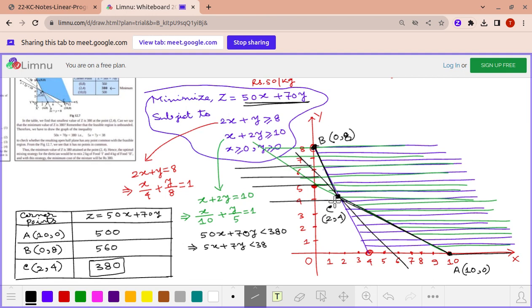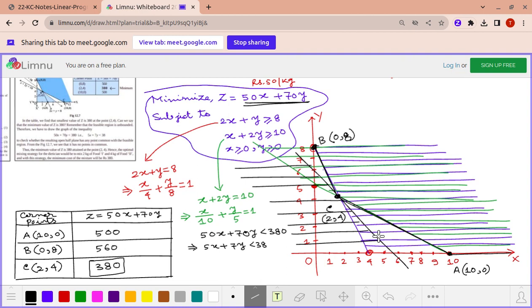Now we need to see whether there is any common region with the feasible region. There is no such common region. The region whatever I have just drawn is not common with the feasible region, which we already found is on the right hand side.